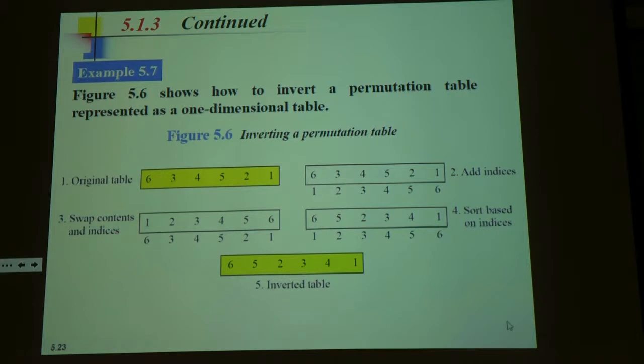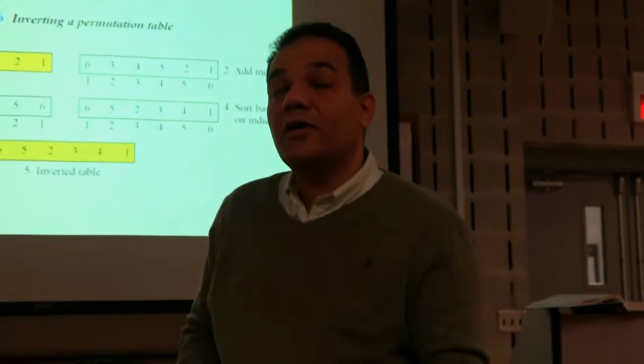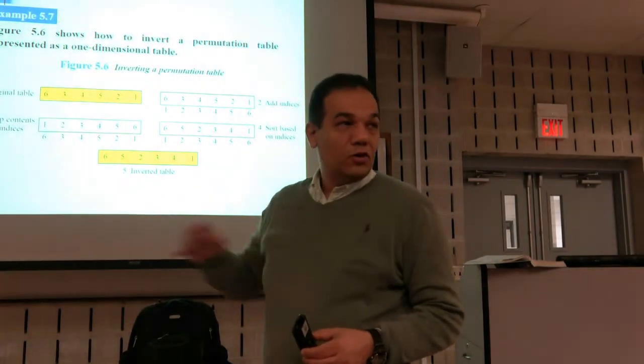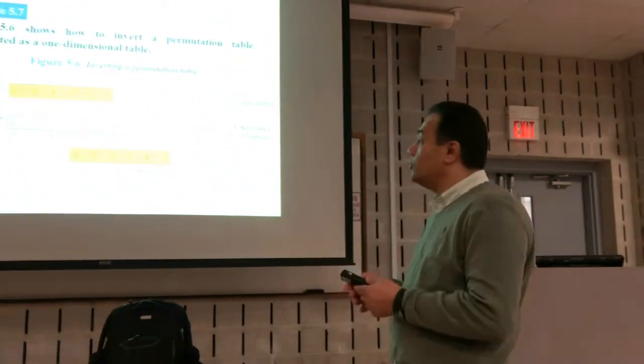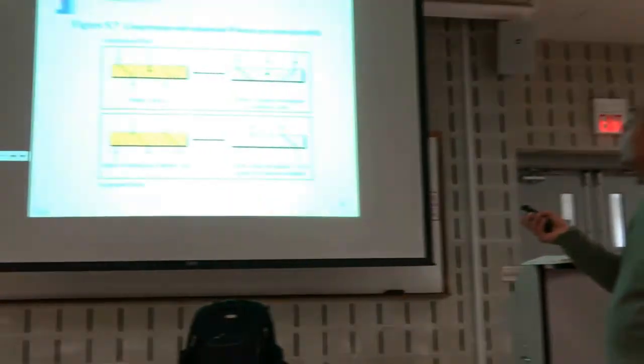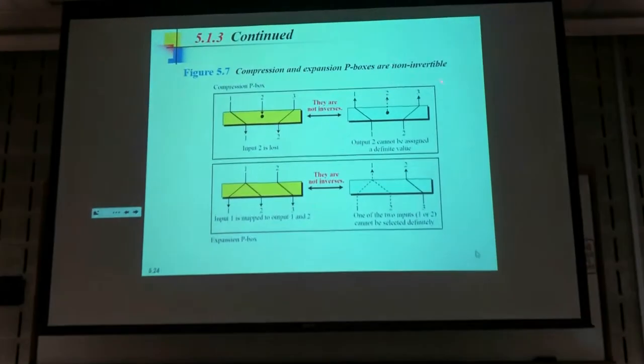Alright? So remember that whatever we do in the encryption, we have to do the inversion in the decryption. So P boxes, we could build inverters for that. Okay, compression and expansion P boxes are non-invertible.